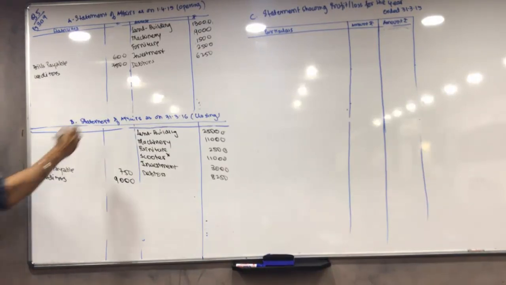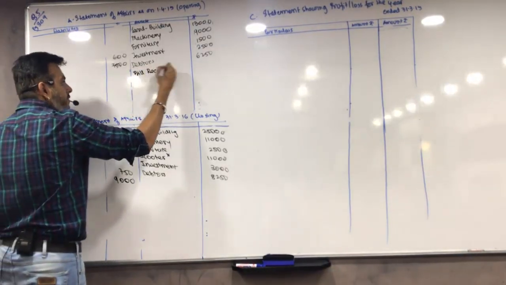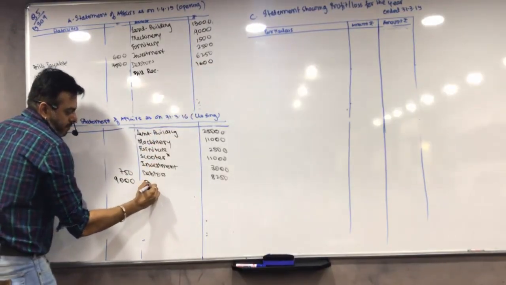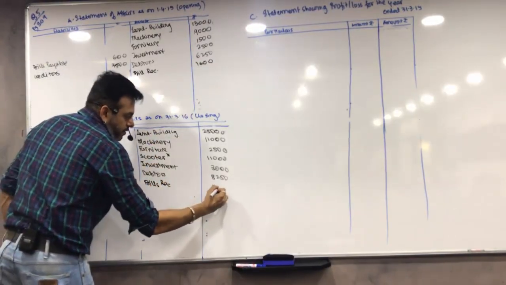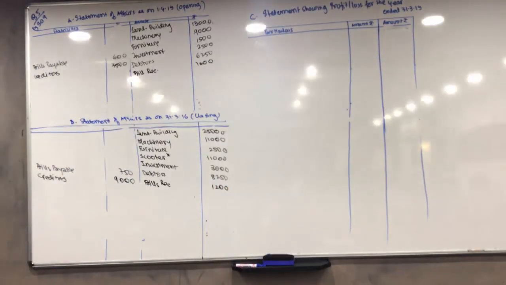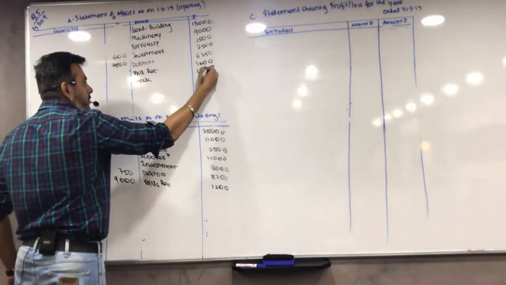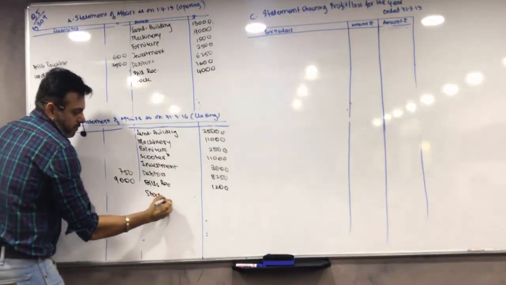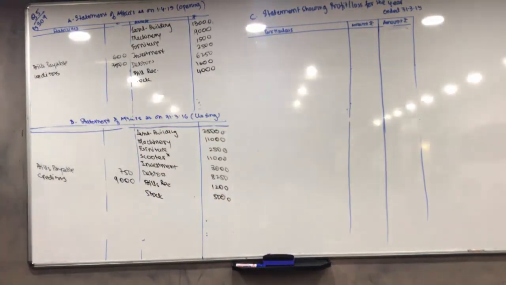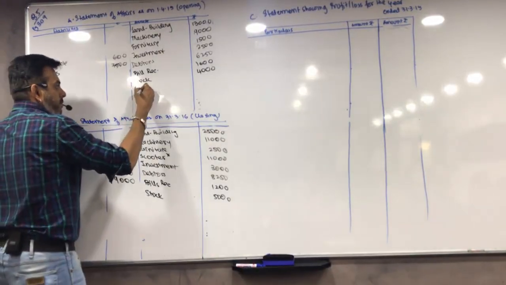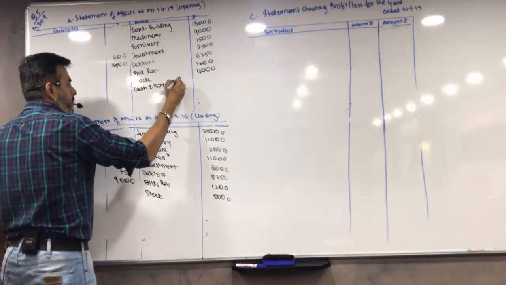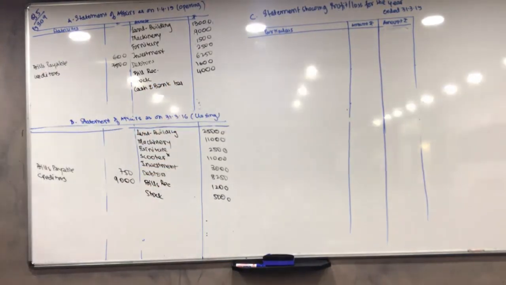Bills receivable, 1,600. Bills receivable, 1,200. Stock, 4,000. Stock, 5,000. Cash and bank balance, 4,000.